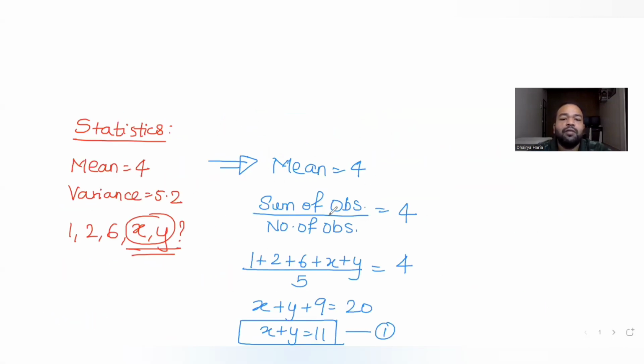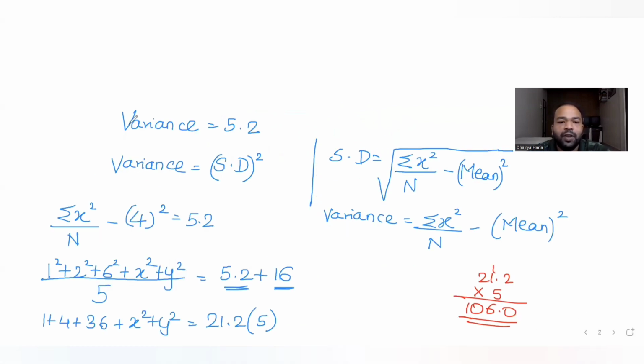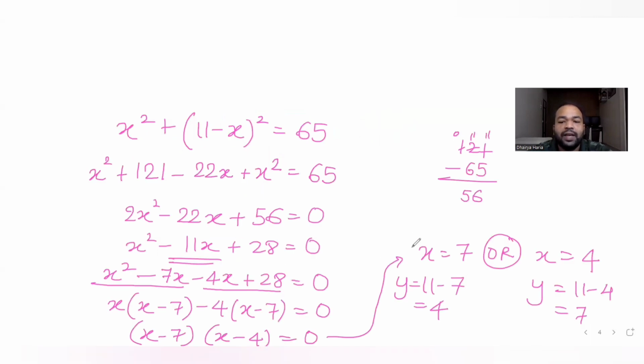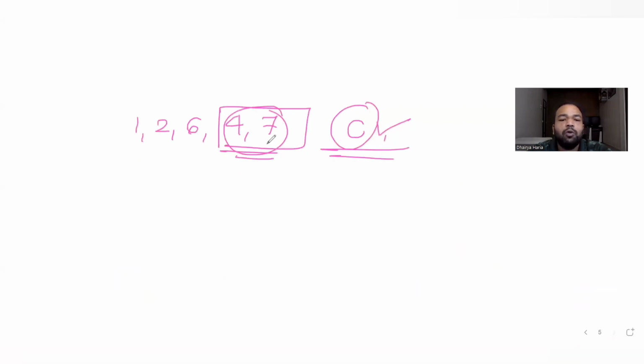We were given the mean, we applied that, and got an equation in terms of x and y. We were given the variance also, we applied the formula for variance, and again got an equation in terms of x and y. Solving the two equations with two unknowns gave us x as 7 or 4, and y as 4 or 7. So the remaining two observations are 4 and 7, and the correct answer is C.